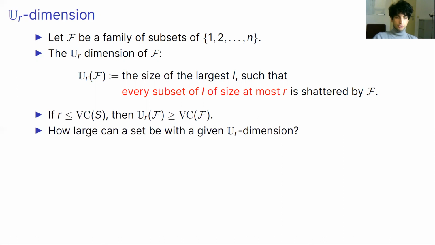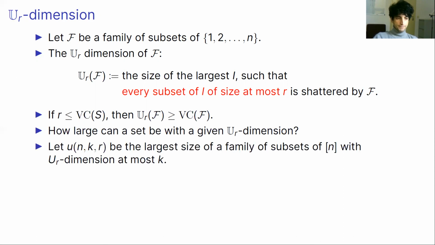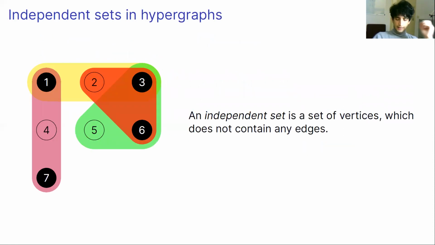What is the analog of Sauer-Shelah for this notion of dimension? Let's call this quantity U(n, k, r). This is the largest cardinality of a system on an n-element universe of universal R dimension at most k. We answer this by going to hypergraphs and independent sets in hypergraphs. There are various ways of defining independent sets in hypergraphs, but we take the weakest one: a set is independent if it does not contain any edge.